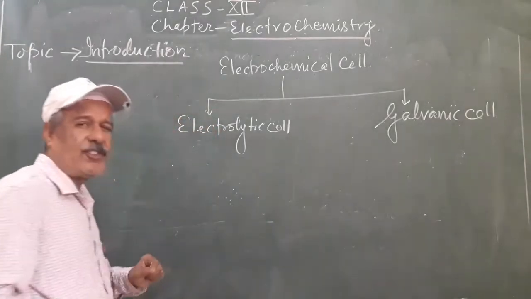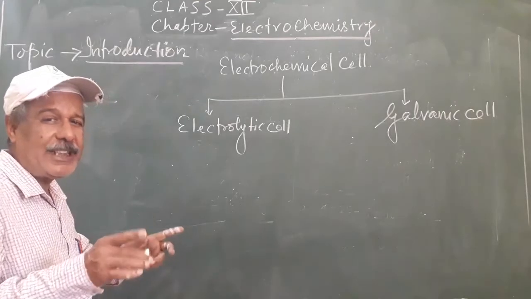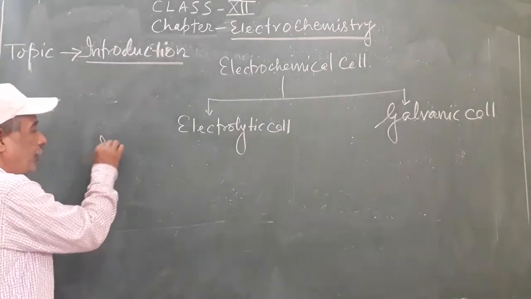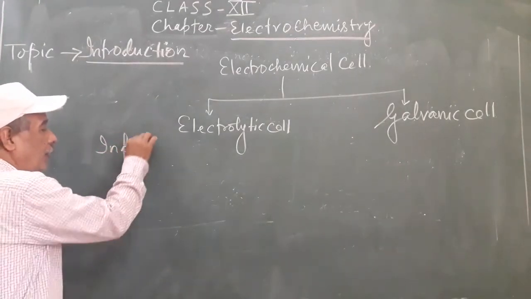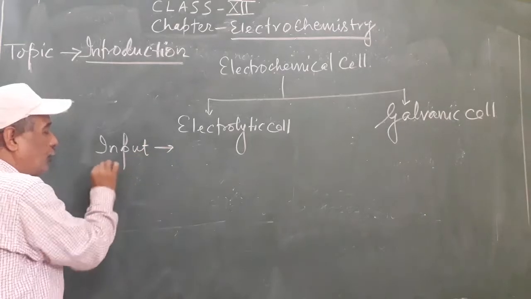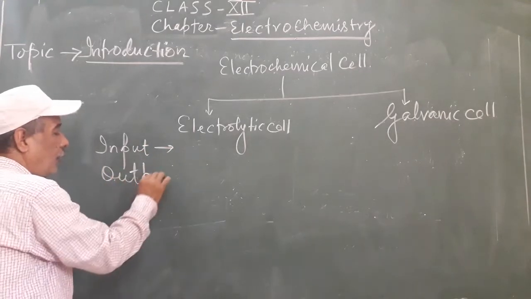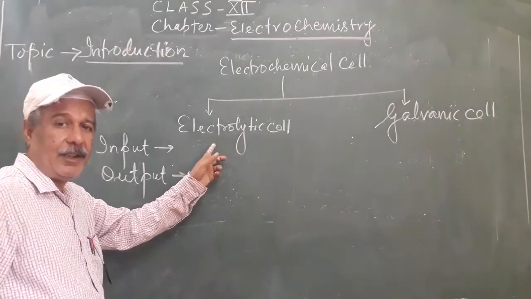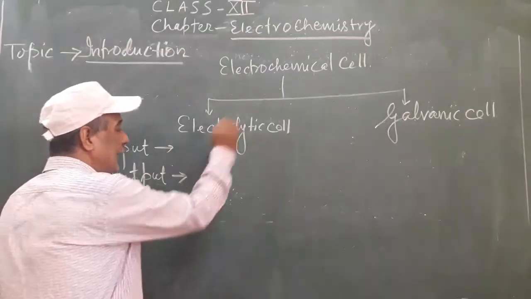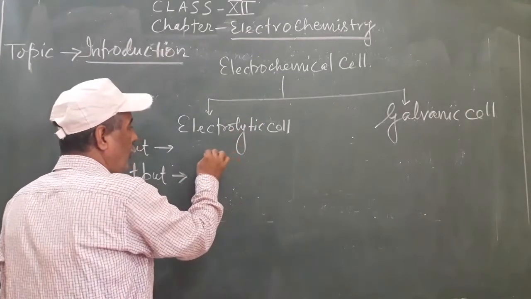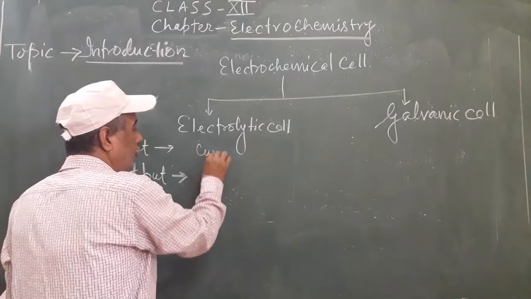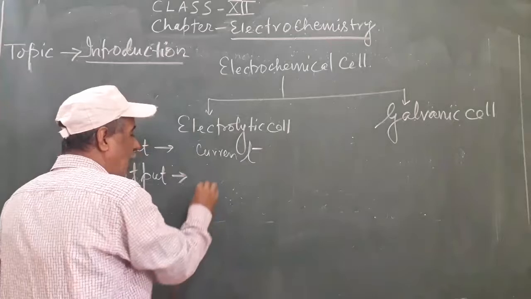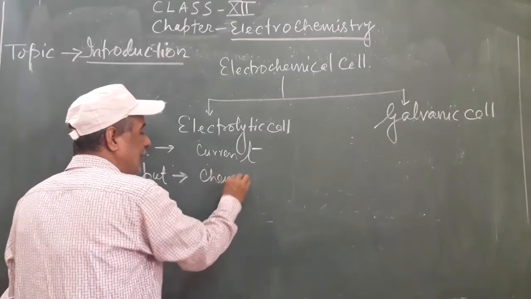Let us see. Students, very clearly we can differentiate between these two. See, input and output. In electrolytic cell, input is current and output is chemical reaction.